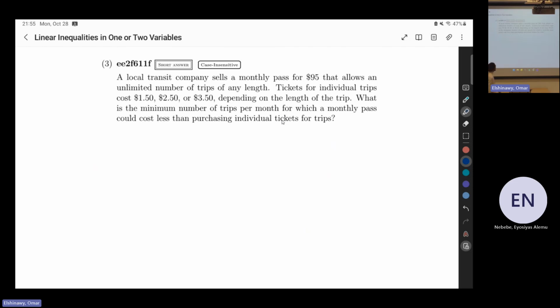It's the answer to it. 12 already. Okay, let's see. I don't know. The thing says 12. Does anyone have any other suggestions? That's 95 divided by 6.50. 6.5.